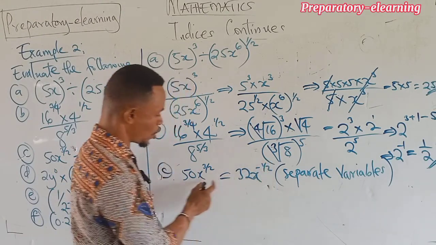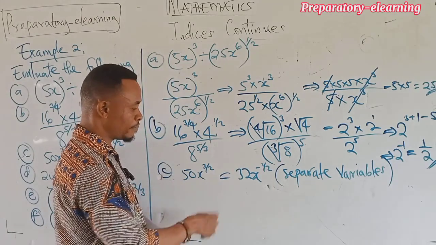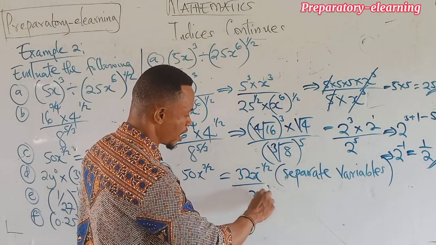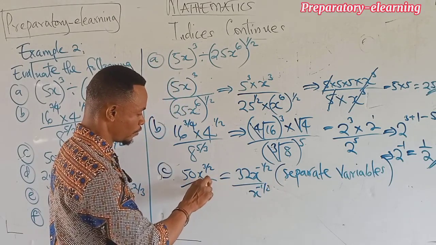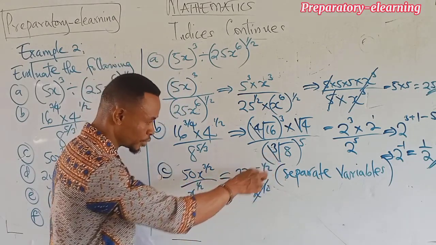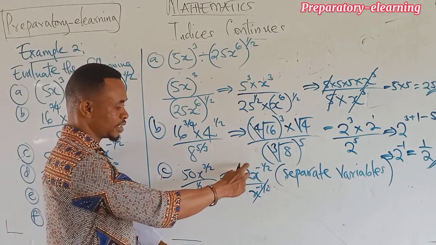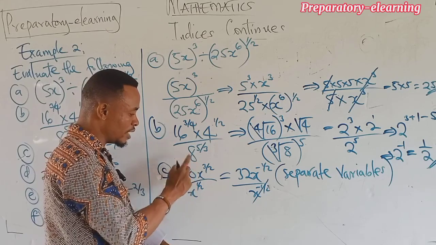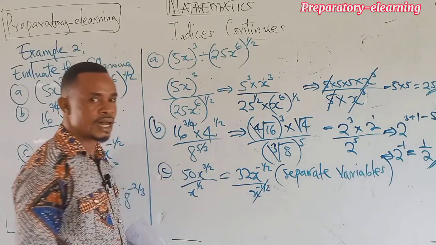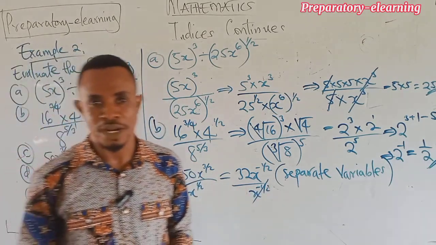Therefore, this will come on this. For example, if I say divide through by x power 1 over 2, you can see that this has cancelled this, leaving just this alone. Also, we divide through by 50. So this 50 will leave this place and come under this. I hope you understand that.